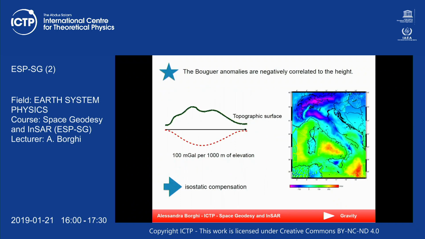So we have seen the Bouquet anomaly. It's clear what we obtain and all the steps, more or less. I know that you need to read the slide to really understand.